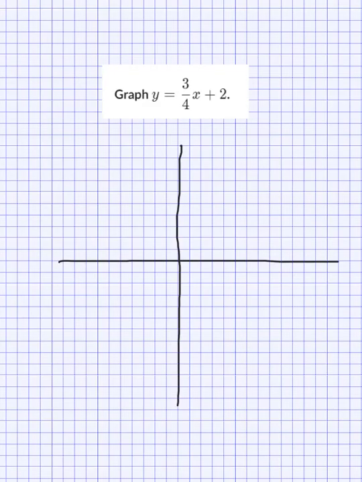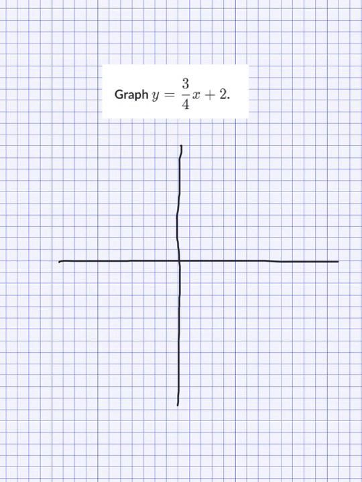Here's our first example. We are going to solve this equation, y equals 3/4 x plus 2, by graphing. And it's not going to be that difficult. The process is rather quick, so pay attention.